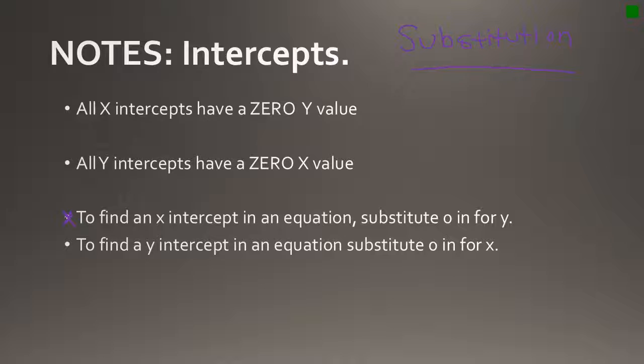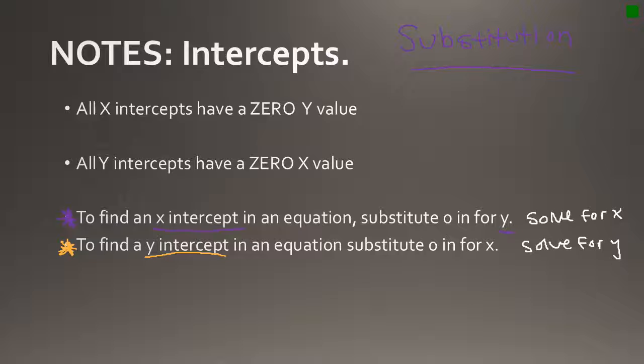So these are key points that you really should write down in your notes. If you want to find an x-intercept, you substitute 0 for y and you solve for x. If you want to find a y-intercept, you substitute 0 in for x and you solve for y.